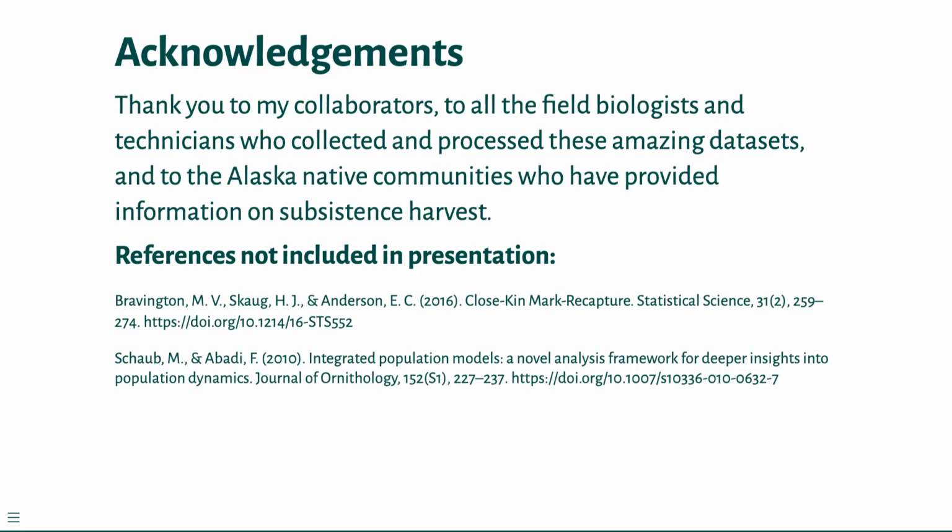Beth? Yeah, I was curious, you put up the IPM versus stock assessment, and you said IPMs typically do relative abundance and stock assessments do absolute abundance. Being on the IPM side, I was curious because we think a lot about detection and estimating true abundance from capture-recapture models, being able to integrate that in.